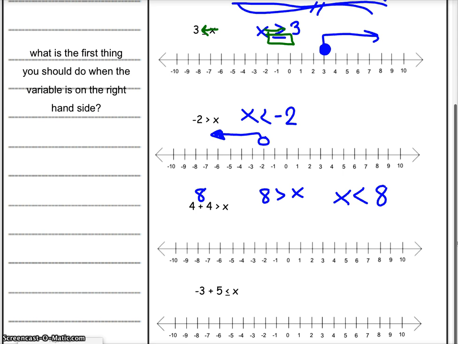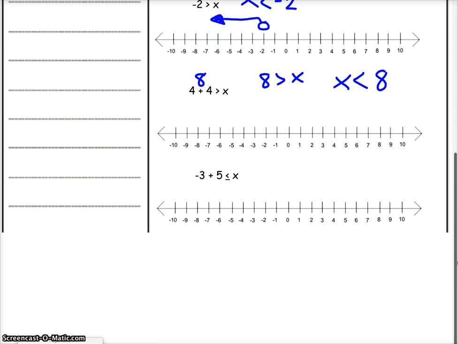Always. What's facing it, open mouth or point? X is less than 8. So a circle at 8. Do I color it in? Go left or right? Left. We got this.